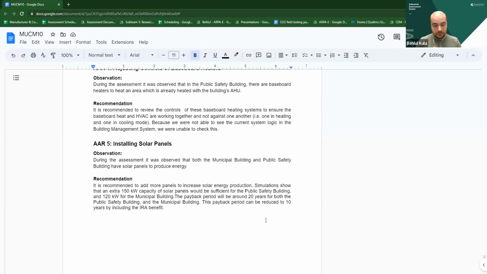Here it will be around 10 years with the IRA benefits, but without any rebates or incentives, I think the payback period will be around 20 years for both buildings, if you want to increase them to 150 kilowatts and 120 kilowatts. But you already have solar panels, so you know how it is working, and you have the experience. If you want to increase your capacity, these are the numbers, and I think we included the calculations as an attachment, so you can see the rough estimations.